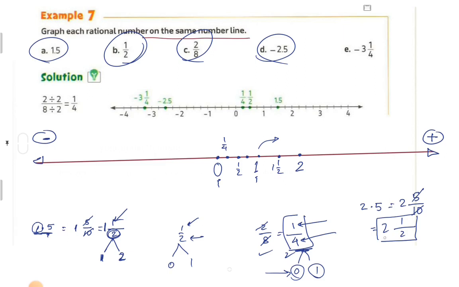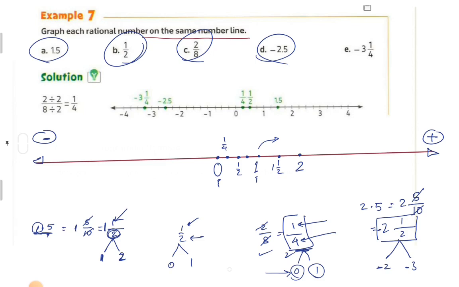It's between 2 and 3. But note that it's negative. Don't forget it's negative.